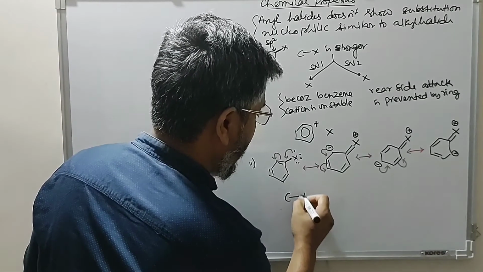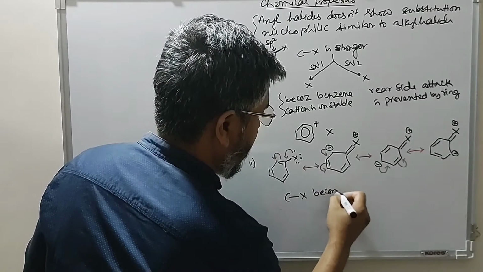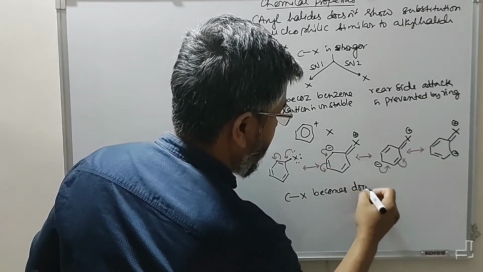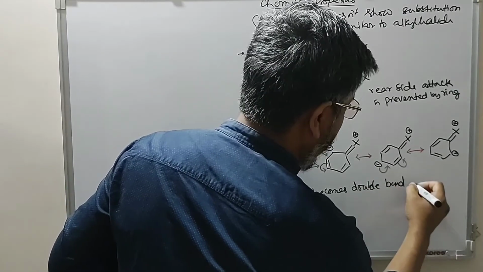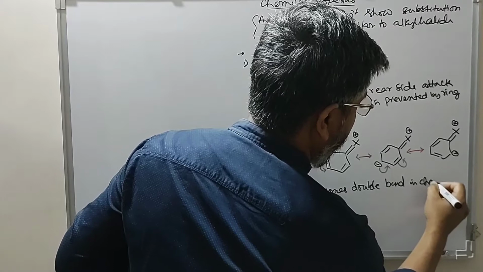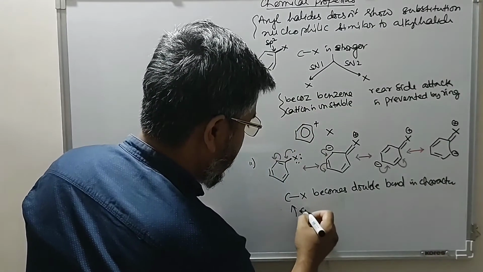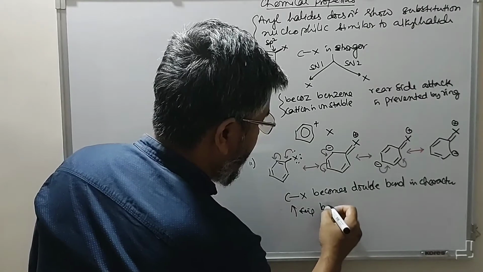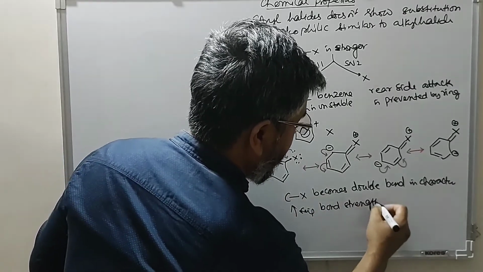So the carbon halogen bond becomes double bond in character, increasing bond strength further.